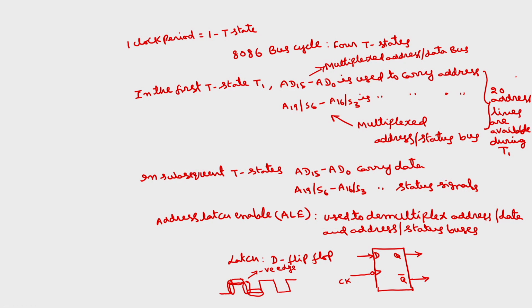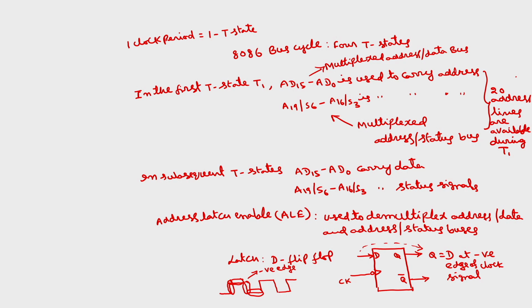If I apply the clock signal at the negative edge, this flip flop will be enabled, and whatever data is at the input will be transferred to the output. Q becomes simply D. So simply output is equal to input. This is called latching of the input information. The only condition for latching this data onto the output is that the clock has to change from 1 to 0, which is the negative edge.